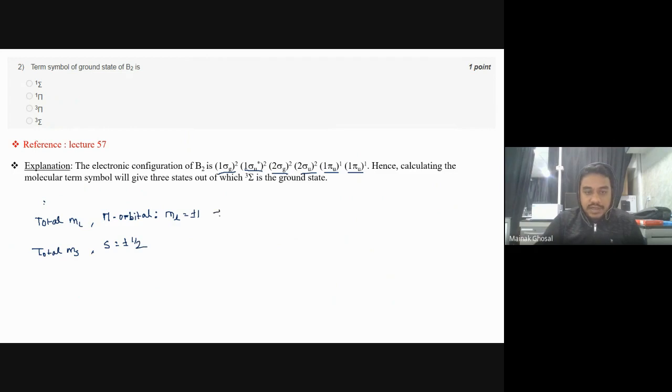Three combinations are possible for capital ML: 2, 0, and minus 2. And s is plus half and minus half, so possible values of MS are plus 1, 0, and minus 1.